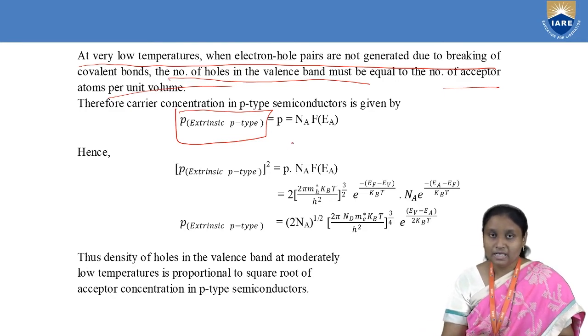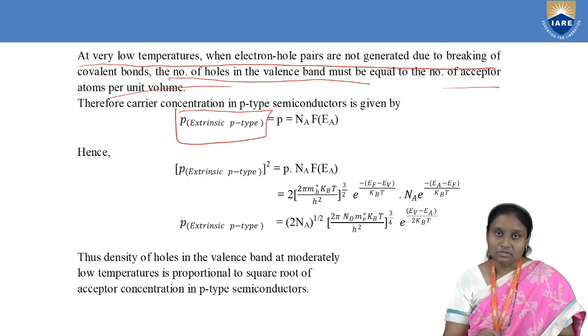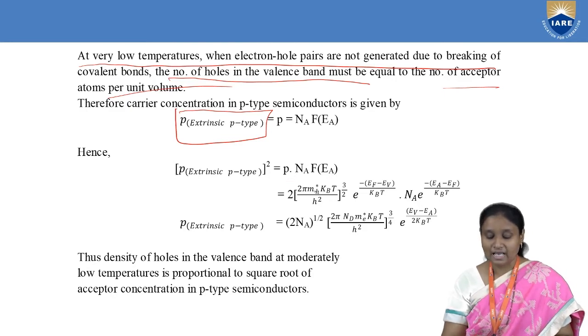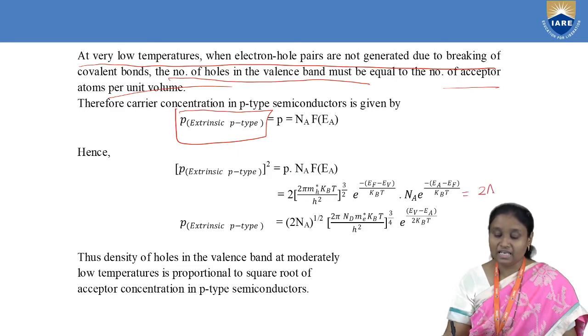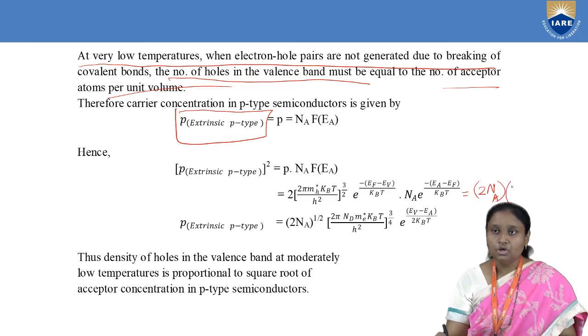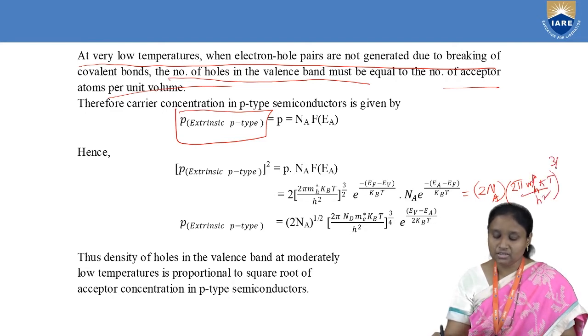Now if I multiply the expression for density of holes in the valence band and density of ionized acceptors, I'll end up having the square of carrier concentration in p-type semiconductors. When we do it, we end up with 2 into Na, where Na is acceptor concentration, into (2 pi mh star kT by h square) whole to the power of 3 by 2.